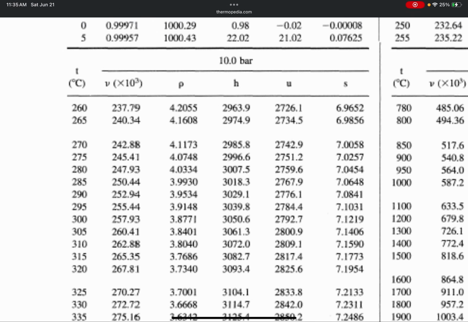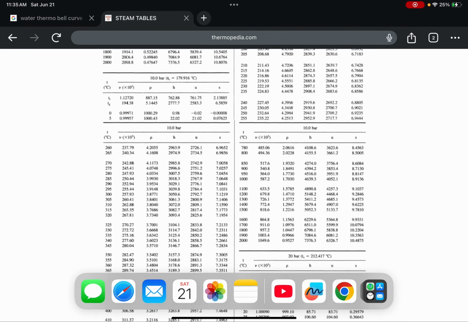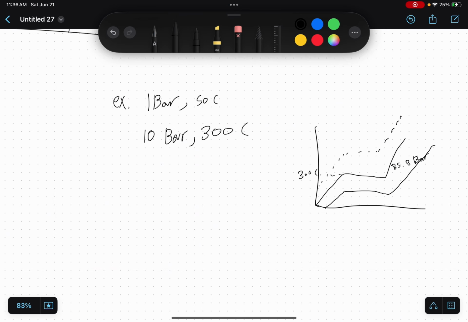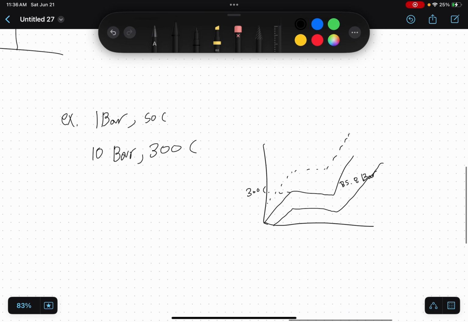Okay, so specific volume of 257, density of 3.87, H of 3050.6, etc. All right, there we go. Those are our state properties. We're at 10 bar, 300 Celsius.